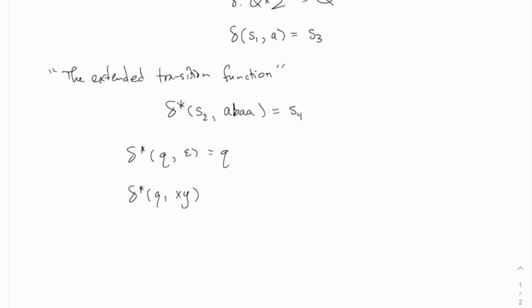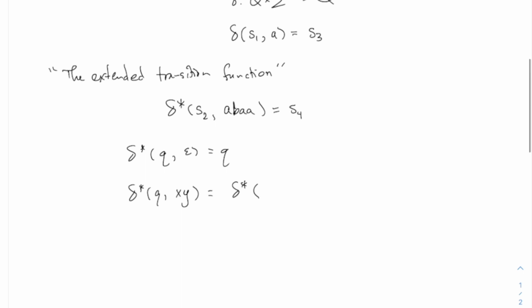The way to write that, which is pretty weird looking, means if you start in state Q and you do x followed by y, first I start in state Q and I do x, and whatever that state is, I start there and then I do y, and I end up with some destination. Those are the two important, kind of obvious, although the second one is very strange looking. It makes a lot of intuitive sense if you think about it properly.